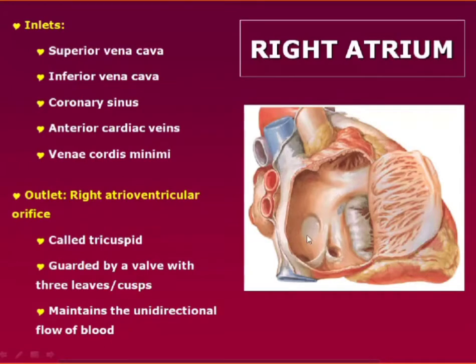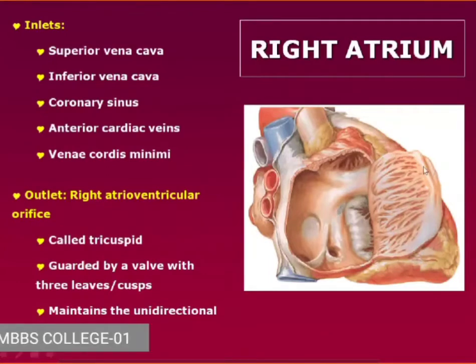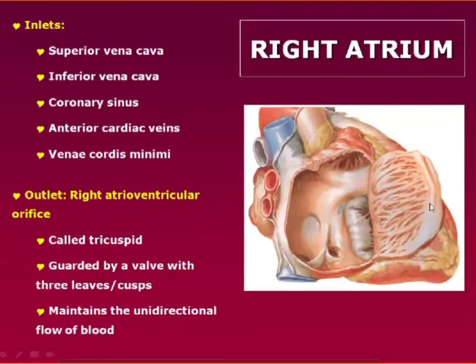In the anterior rough part, you can see below the sulcus terminalis. I told you the sulcus terminalis is produced by the underlying crista terminalis. And from the crista terminalis, you can see comb-shaped structures coming out, and these are called musculi pectinati.